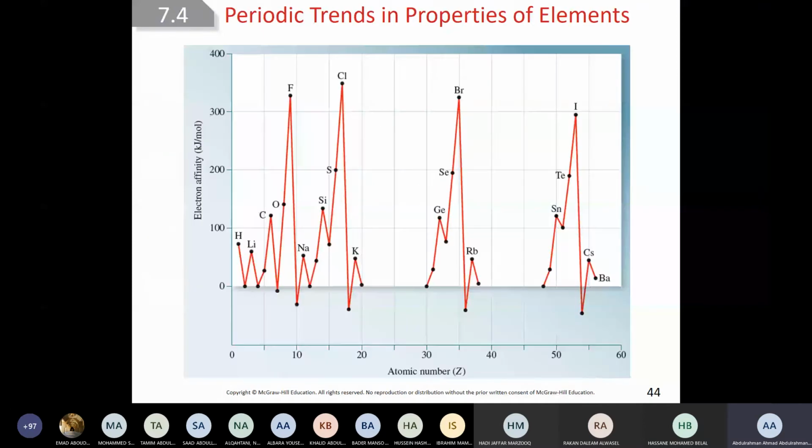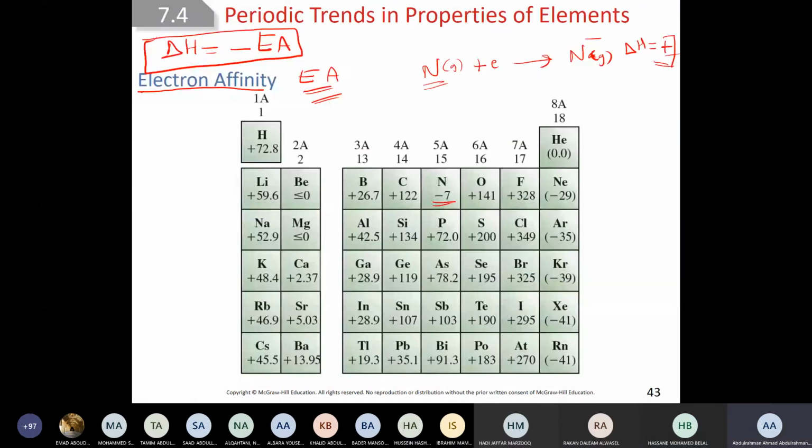Now again, look at the numbers here. They're positive, positive, positive, positive, and this one is negative. Nitrogen. Why?